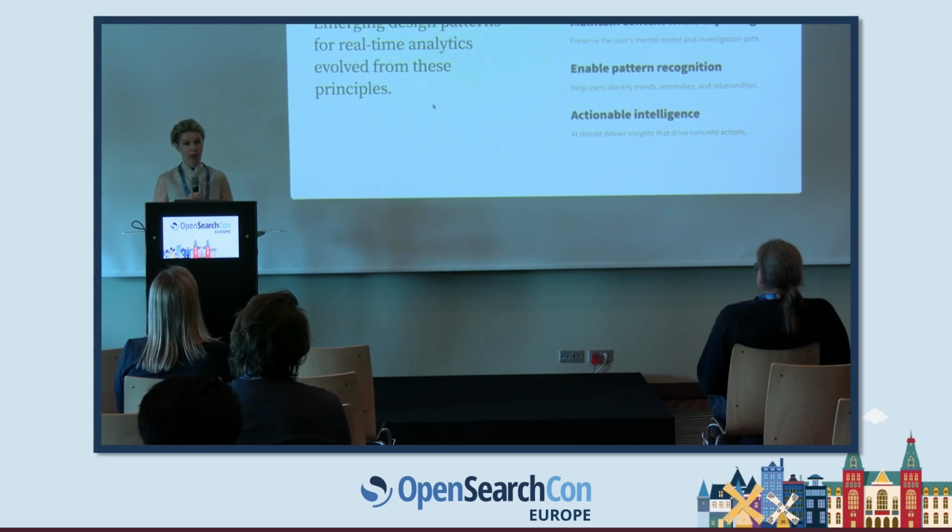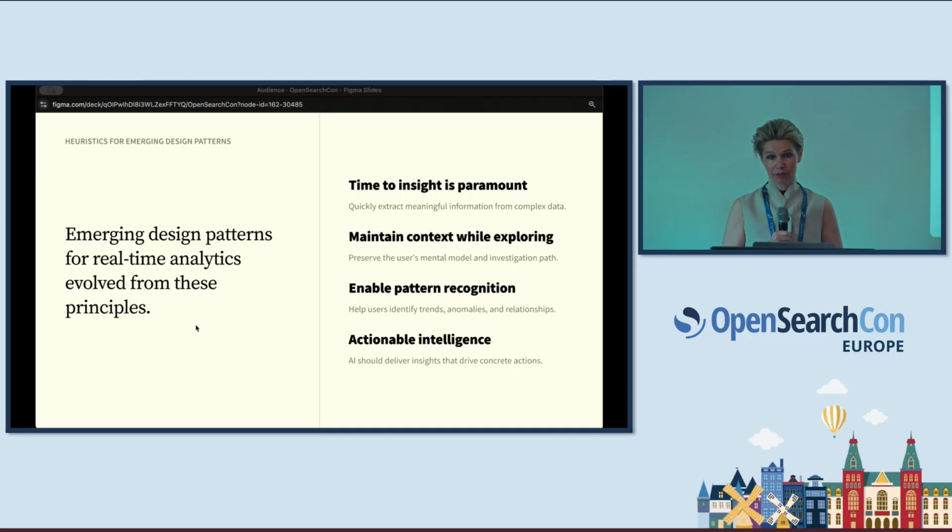Time to insight is paramount, especially at 3 a.m. in the morning, you would assume that. Quickly extract meaningful information from complex data. That's the core of it. Maintain context while investigating. Preserve the user's mental model and investigation path. Enable pattern recognition.